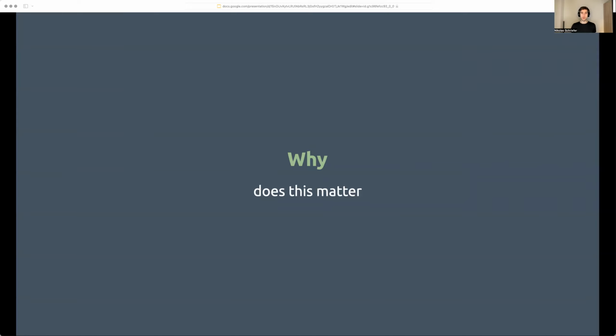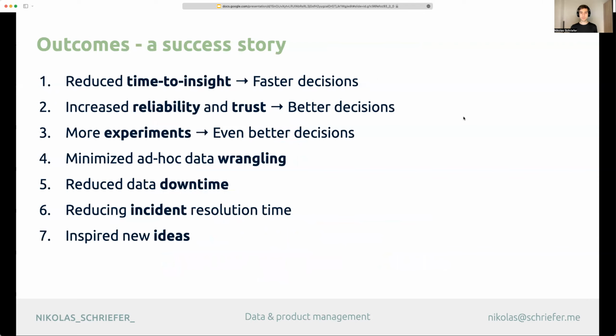Before I tell you how we implemented the data mesh, I want to show you one slide, why you should even listen to that, why that might matter for you. All right, so in good product manner, let's put the outcomes first. What were the results that we were hoping for?